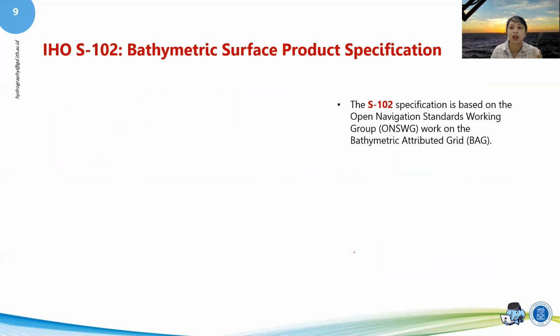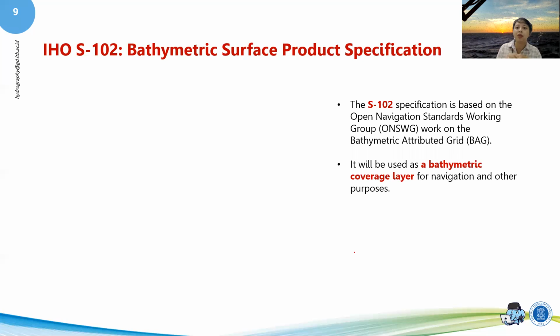So you can have a look at the document. I think you can download it for free on the IHO website. The S102 is developed by the ONSWG, working on the bathymetric attributed grid, or the BAG. And it will be used as a bathymetric coverage layer for navigation and maybe other purposes.